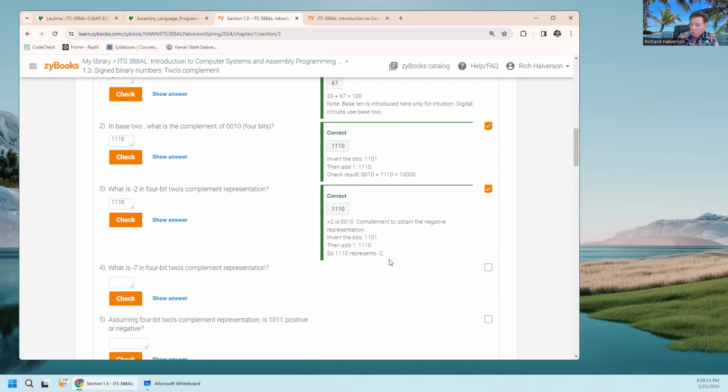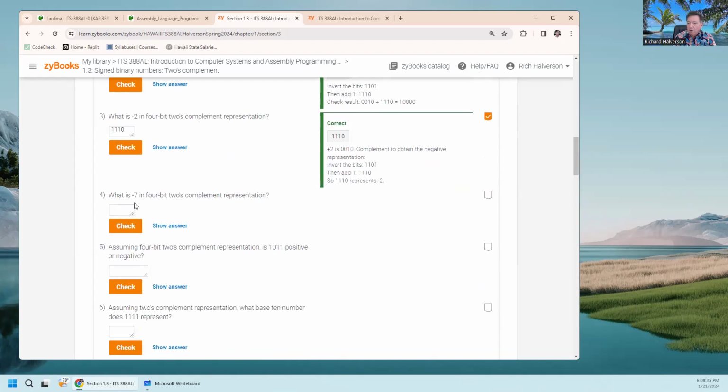Wow. What do you know? All right. What is -7 in 4-bit 2's complement representation? Well, +7 is 0, 1, 1, 1. If we invert all the bits, we get 1, 0, 0, 0. And if we add 1 to that, we get this. So I guess it's that.